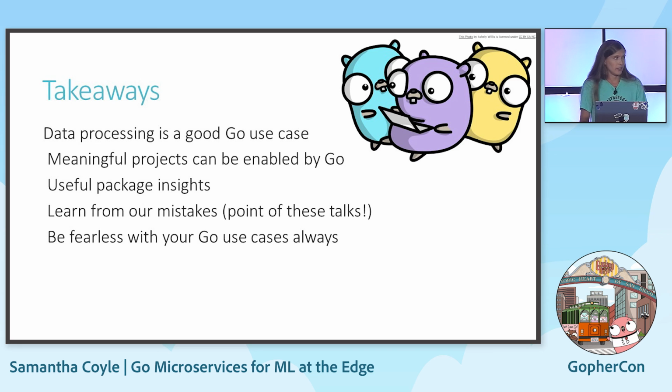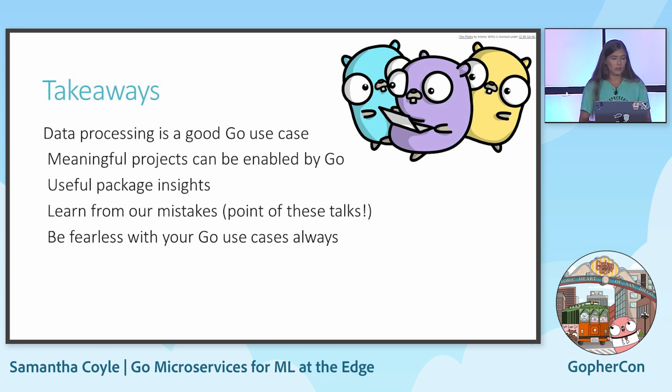My takeaways for y'all. Hopefully y'all see also that data processing is really good for Go. It's really easy with Go, right? And you can also create really meaningful projects that are enabled by Go. This had some very real human impact, working with cellular images, breaking down the time and making it to where you could reuse by virtually staining instead of physically staining the specimen.